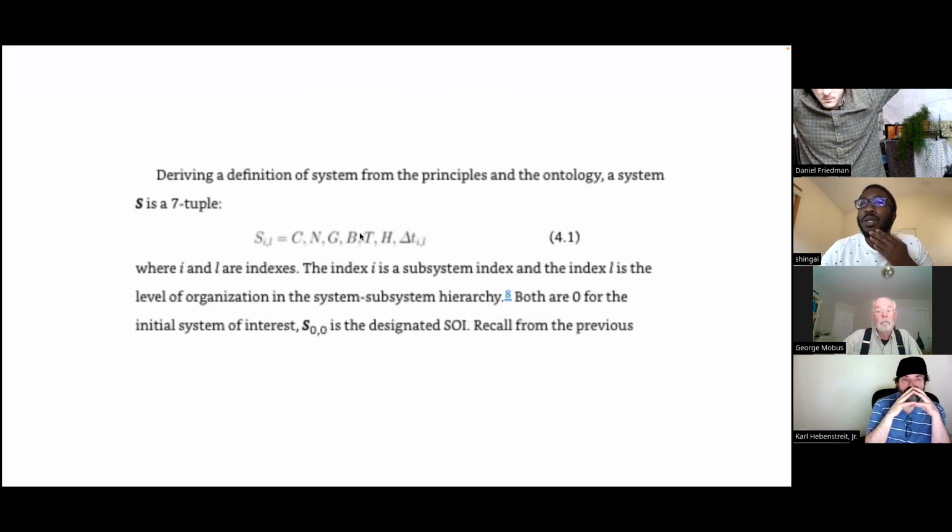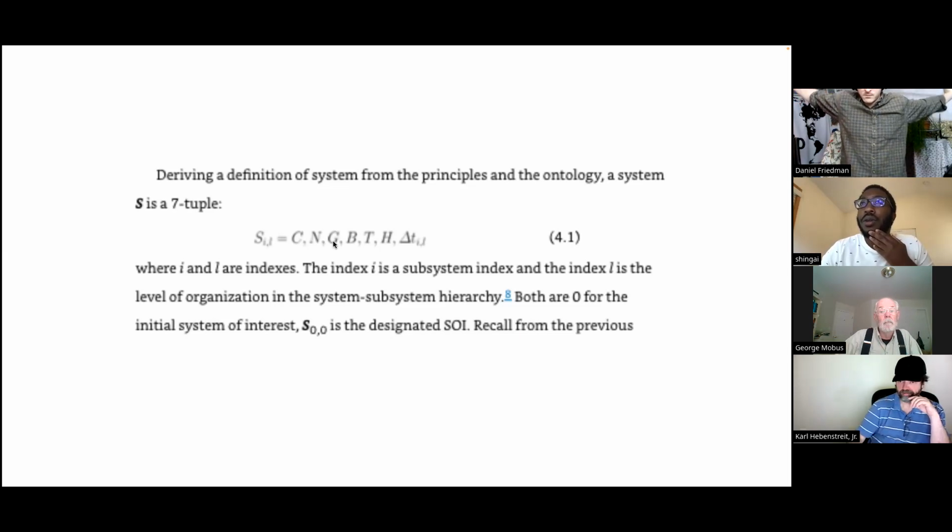Details of each of these components are in the presentation notes, but basically a system is a tuple composed of these 7 elements. C represents the set of all of the components within the system. N is a graph that represents the interactions between the system's internal components.